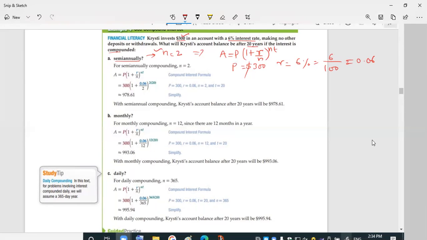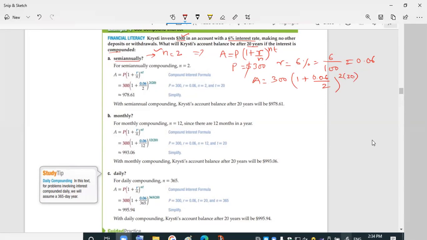So we can find the amount after 20 years. P is equal to $300 and 1 plus rate of interest 0.06. But here it is compounded semi-annually, so divided by 2, put the value N is 2, time is 20.